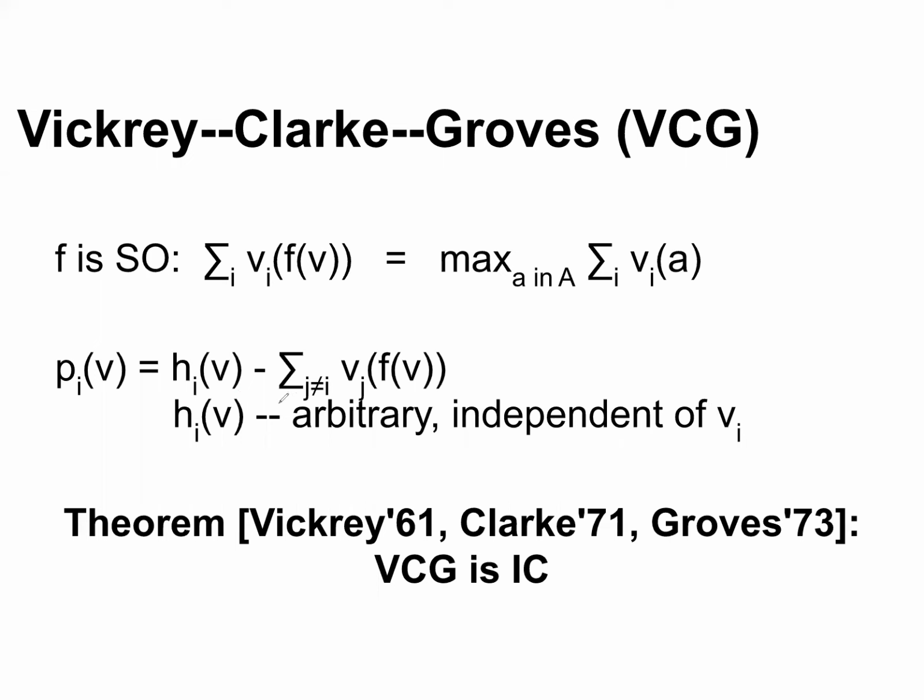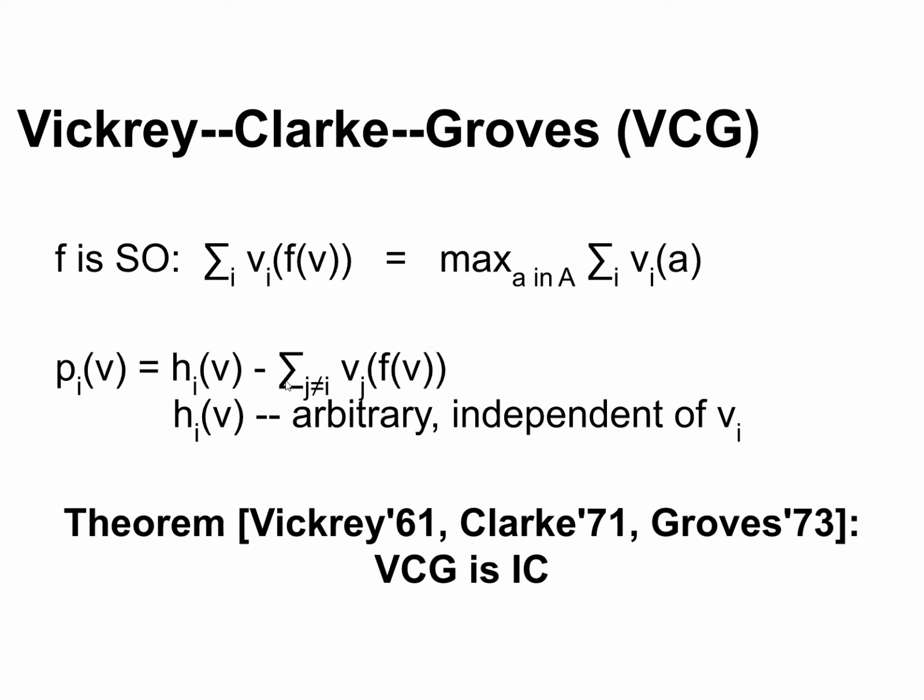So in this term, these are the valuations of all the other users. We are summing over all users but i. So we don't look at the user i. We look at what all the other users get from the mechanism, from their allocation. Okay, so that's just the formula. I don't know if it makes much sense by itself, but we will not prove it.